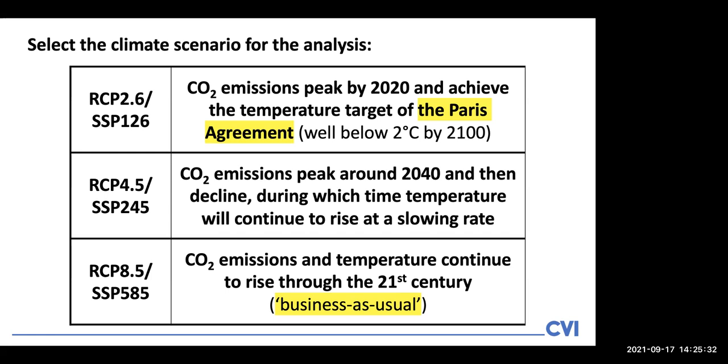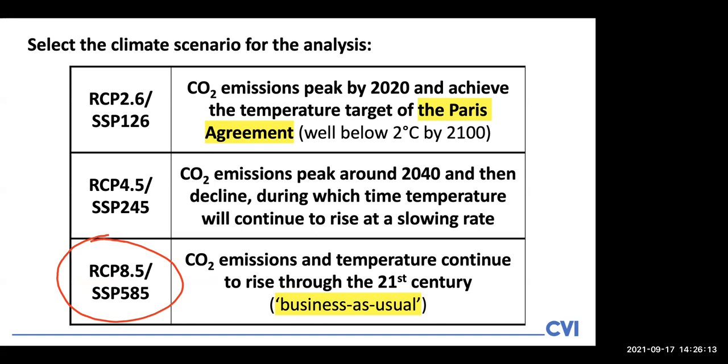The steering committee again made a decision in advance for the Sukur application, and the decision has been to select the RCP 8.5, SSP 585, that is often called the business as usual scenario. So now we're able to look back to the climate science information as compiled and shared by Dr. Itua, and look there at the timescale of around 2050, and also at the trajectory or climate scenario given by RCP 8.5.